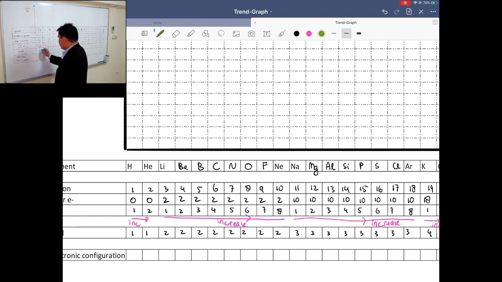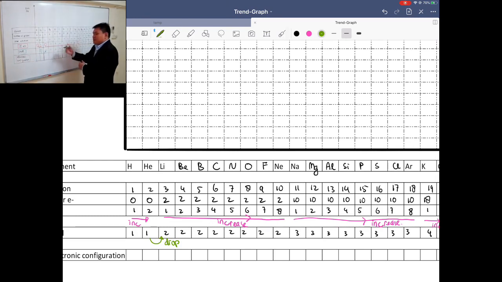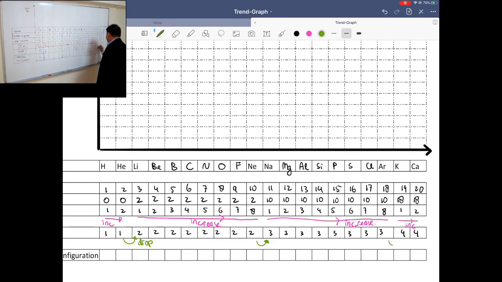So this green arrow represents a decrease, and the decrease is very significant because the change in position is quite far. So this green arrow represents a significant decrease, or a big decrease, in the first ionization energy.